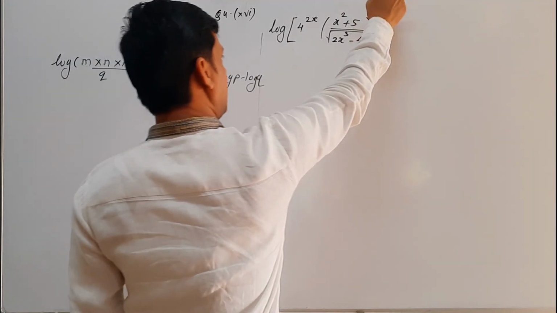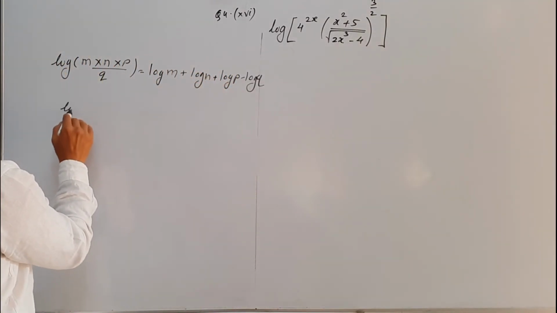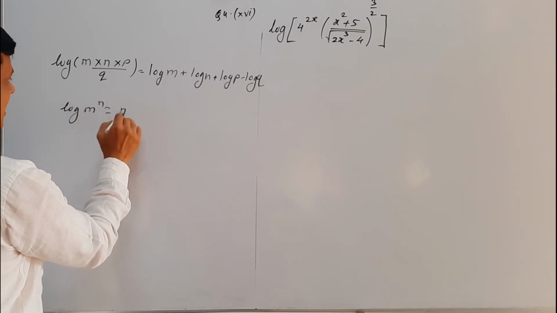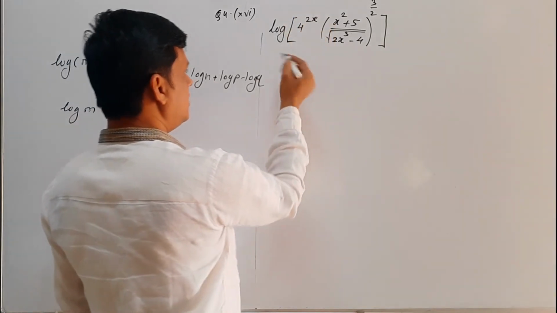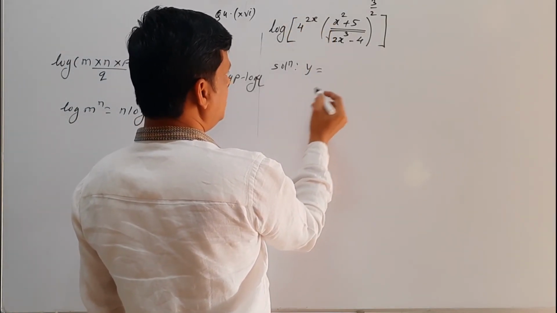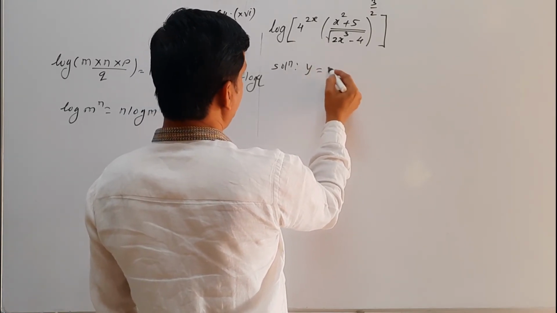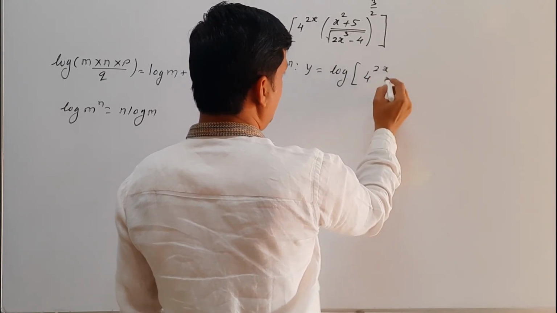Now here power form is also given, so we have to use log m raised to the power n as n log m. So we write the given quantity in the solution as: let y equals log of 4 raised to the power 2x.